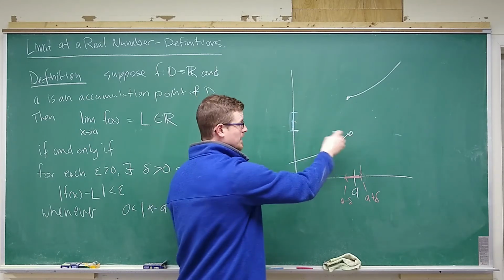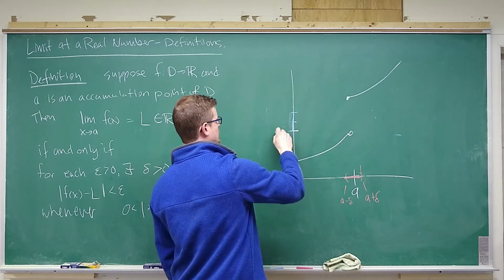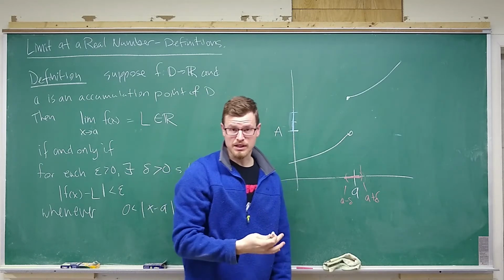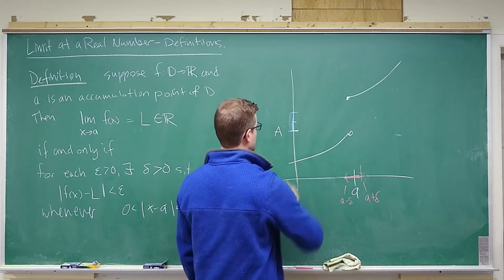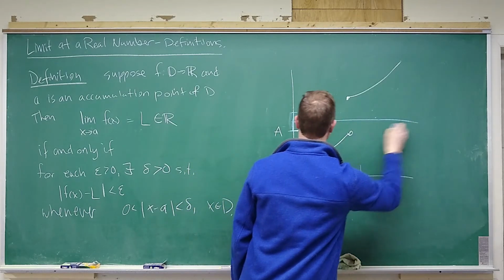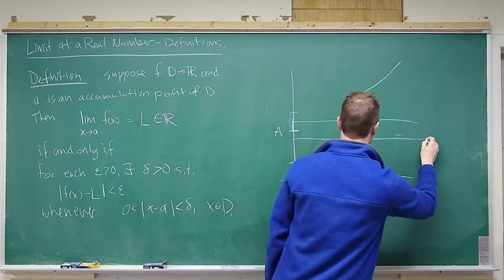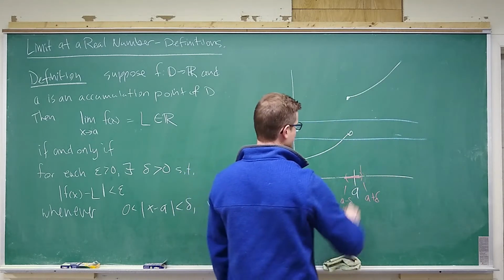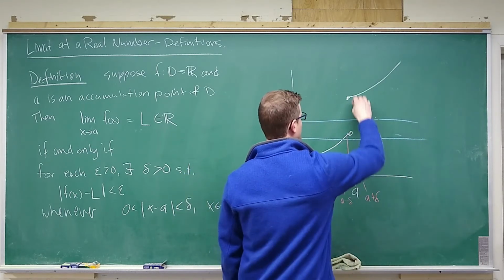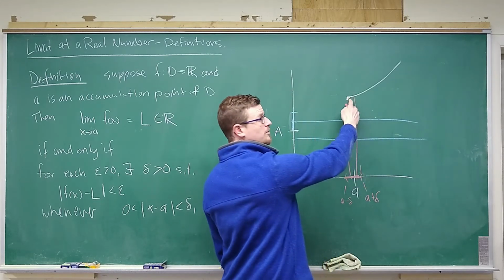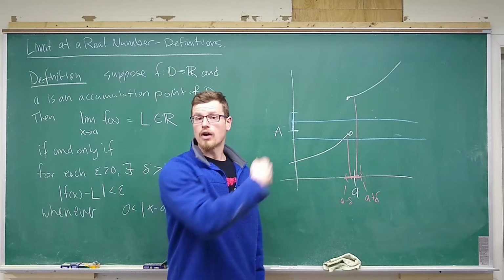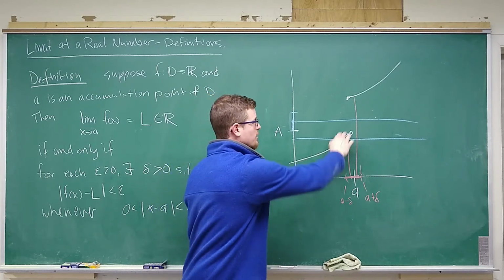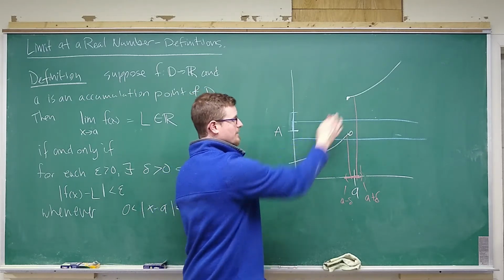This could not be the limit, right? This value, let's call it A, could not be the limit because if I were to choose some epsilon window, I can't get a delta small enough to not include these points up here, which are outside of the epsilon window. So that could not be the limit. Similarly, we couldn't have this be the limit.